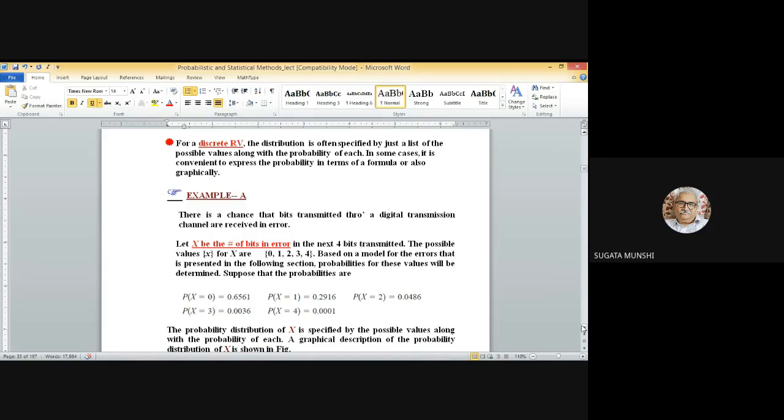Writing down will consume time, but even if I find that the coverage is not very much in a single class, still then I'll prefer that you write down this material instead of simply handing over to you the material.